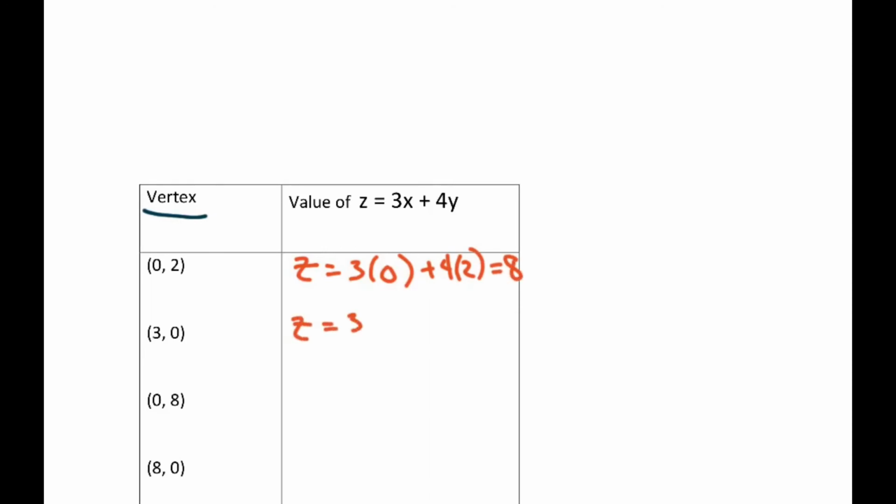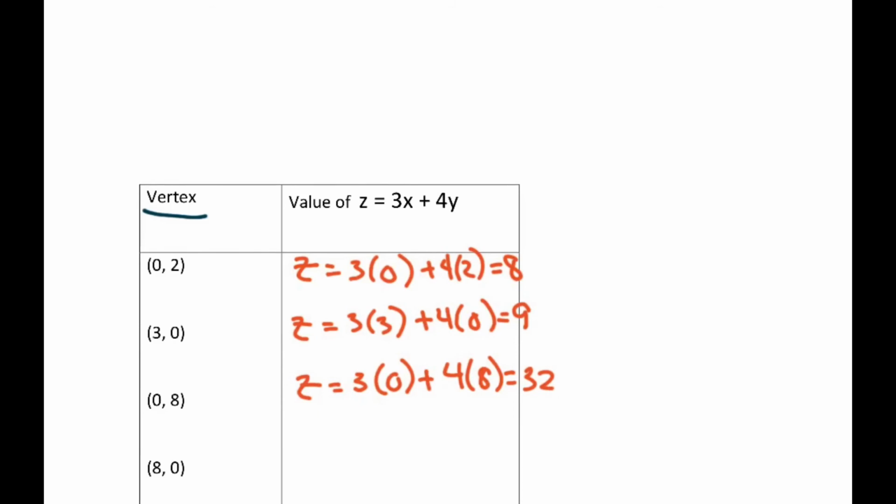Z equals 3 times 3 plus 4 times 0. That equals 9. And z equals 3 times 0 plus 4 times 8, which equals 32. And z equals 3 times 8 plus 4 times 0. That equals 24.